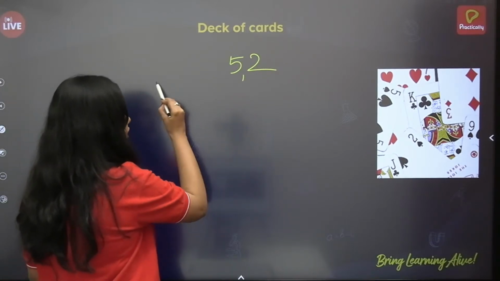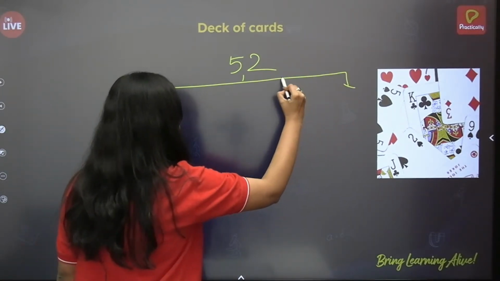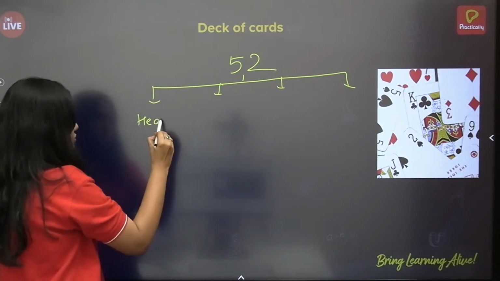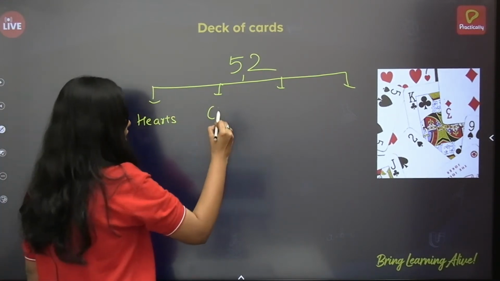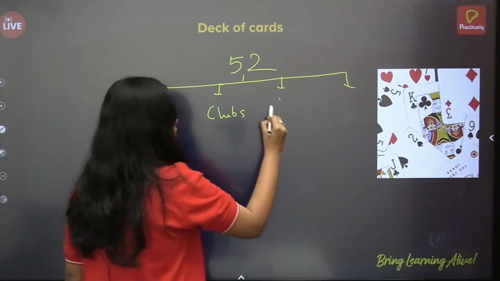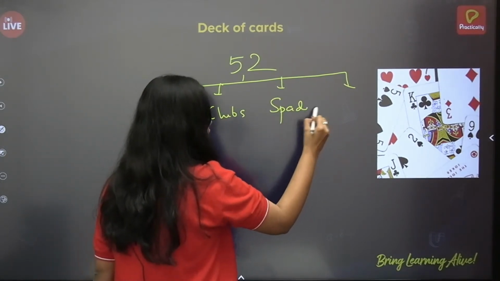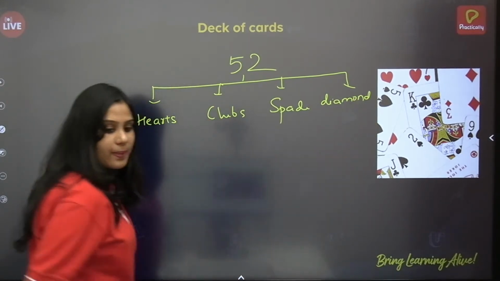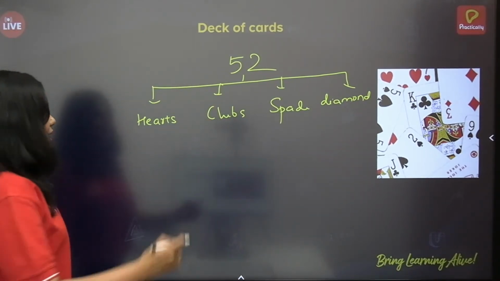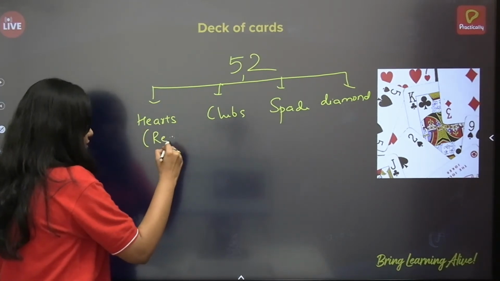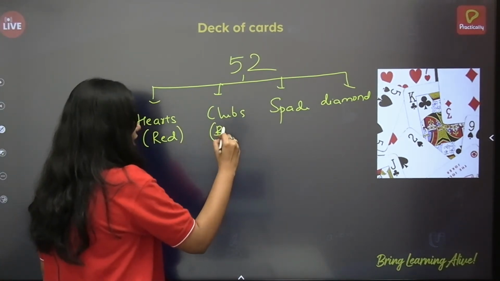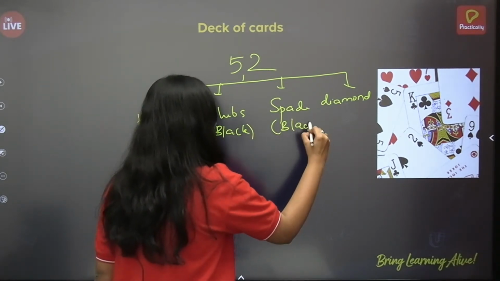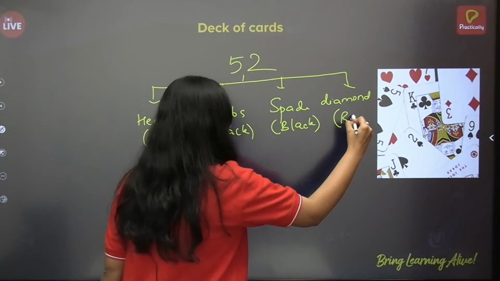In 52 cards, there are hearts, clubs, spade and diamond. Right? So what are red cards and black cards? Heart is red, clubs are black, spade is also black and diamond is red.